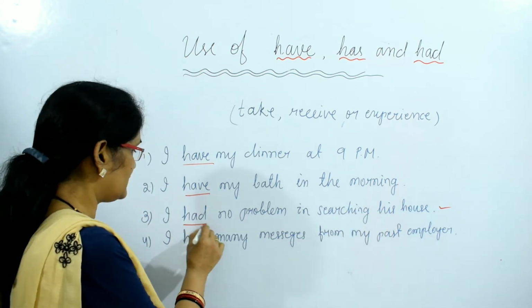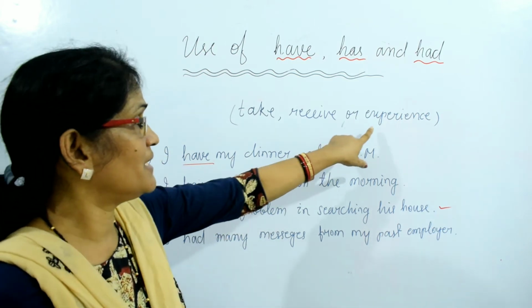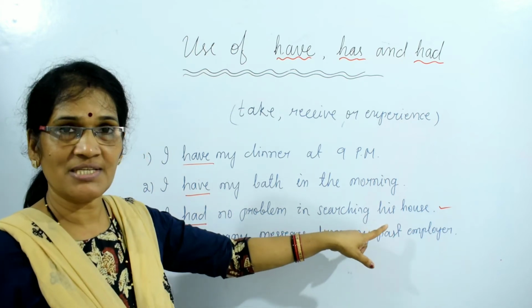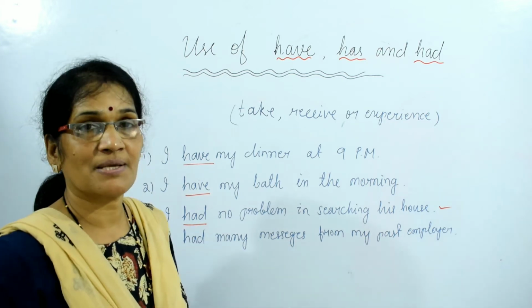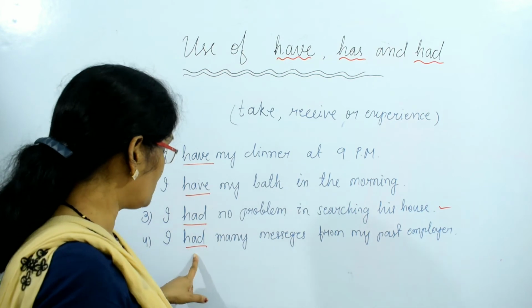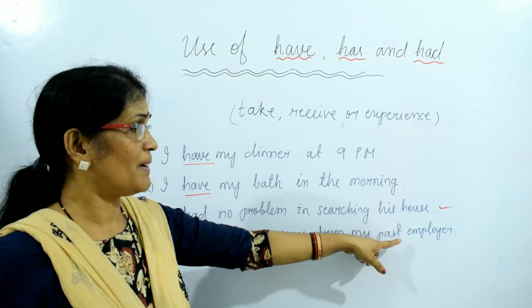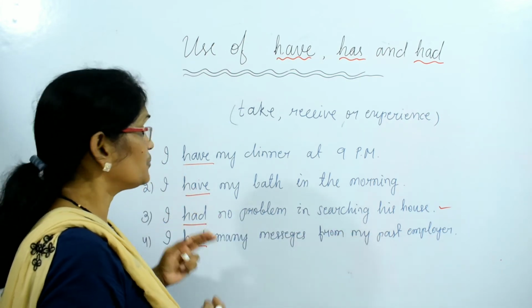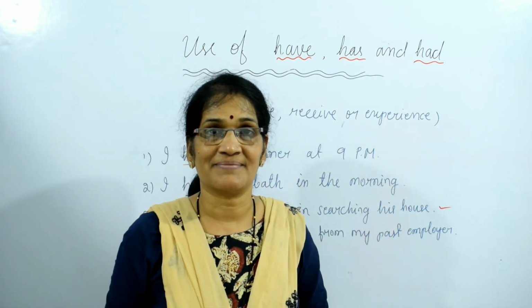Here had is the past form of have, and the meaning of had is experience: I experienced no problem in searching his house. I had many messages from my past employer. Here had is the past form of have, I mean I received many messages from my past employer. So have or had are used to give the meaning of take, receive and experience.